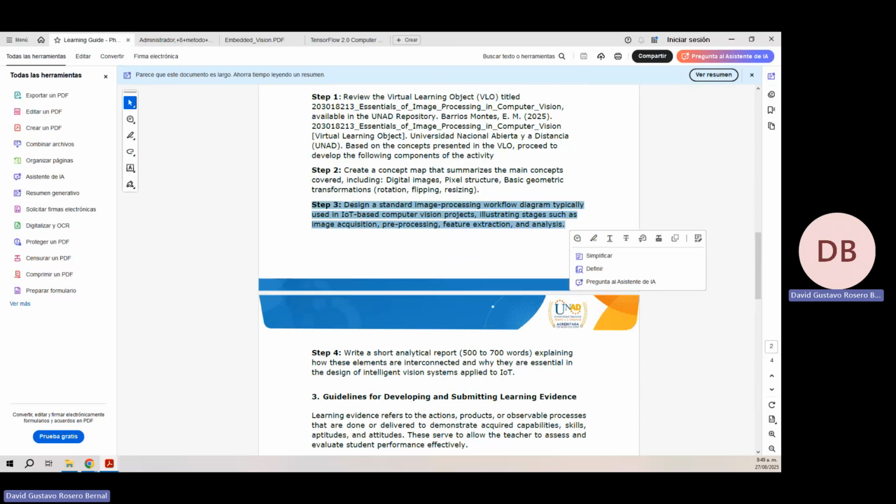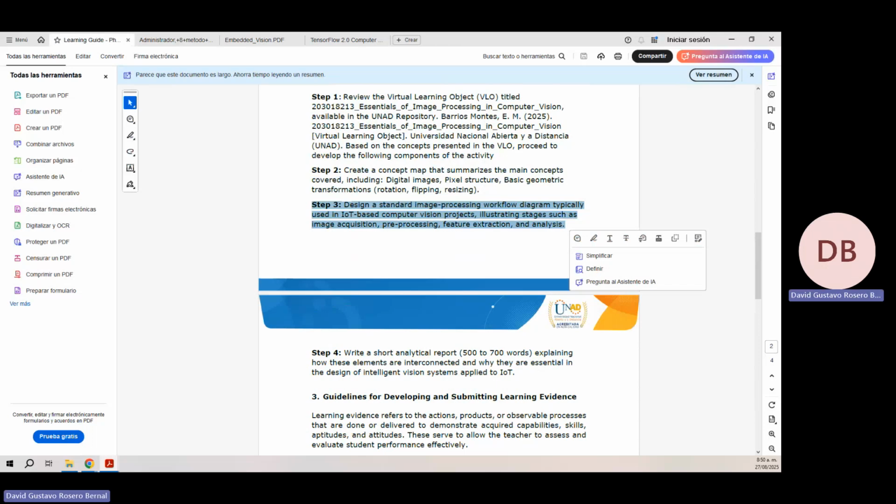A standard sequence will be: acquisition, capturing image and video with cameras or sensors, preprocessing, cleaning and normalizing data to enhance quality, feature extraction, identifying meaningful patterns, edges, shapes, textures, classification, analysis using deep learning models to interpret data, visualization or action, results can be shown in a dashboard or trigger IoT actuators, for example an alert when a crop disease is detected.